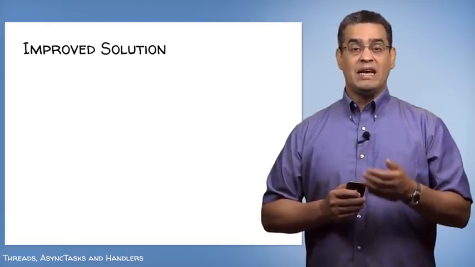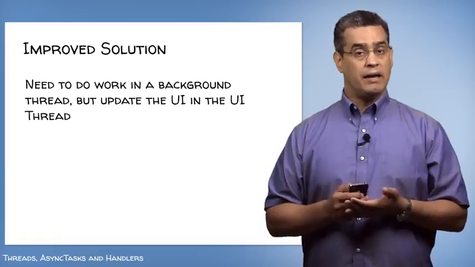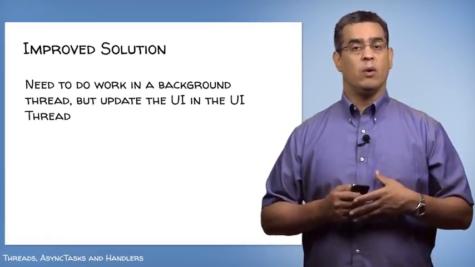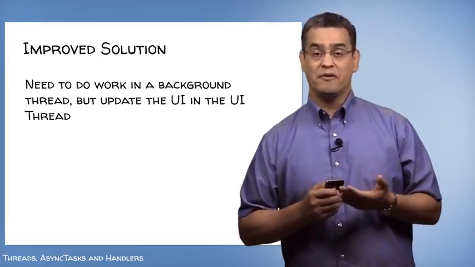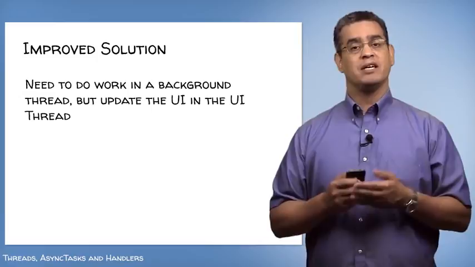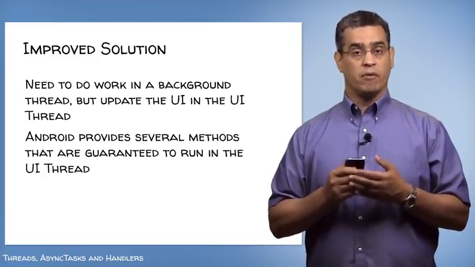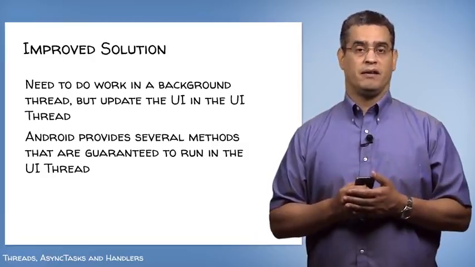So, we need to do work in a background thread, but when that work is done, we need to do the UI updates back in the UI thread. And Android, in fact, gives us a bunch of ways to do just that. In particular, Android provides several methods that are guaranteed to run on the UI thread.